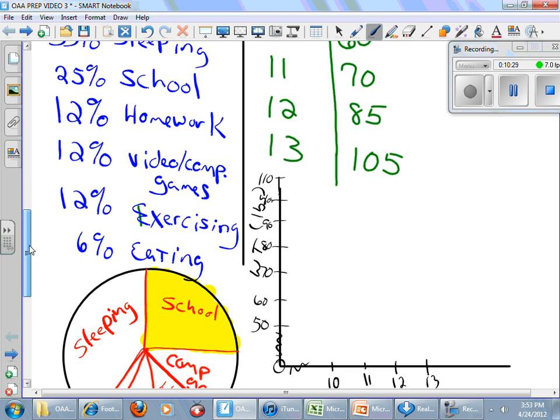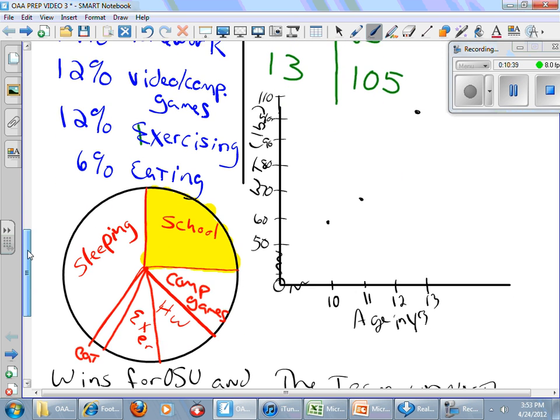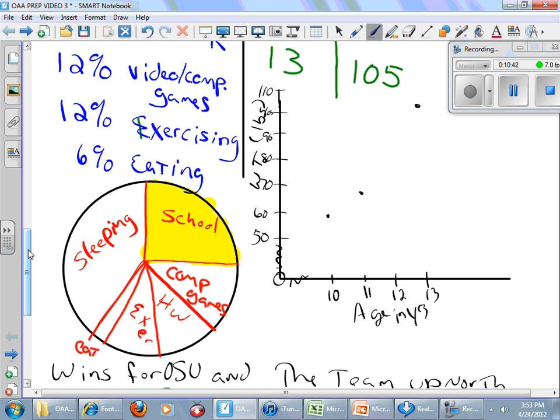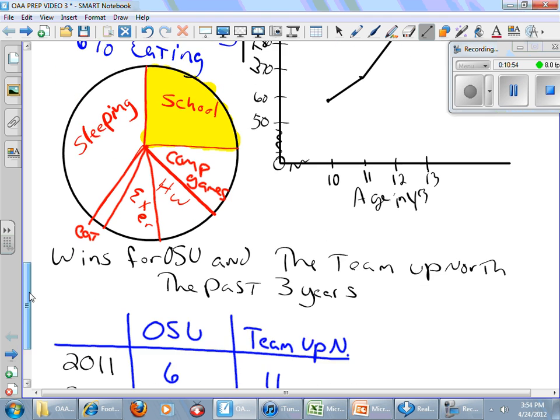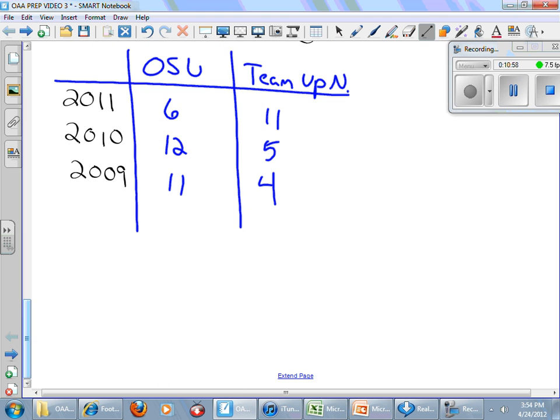So 10 to 60, 11 to 70, 13's at 105, and then 12 is only at 85, so right about there. And so then I could do something like this, and that would be a line graph. Line graphs show change over time. I probably wouldn't do a scatter plot there because I'm not using it to predict anything.